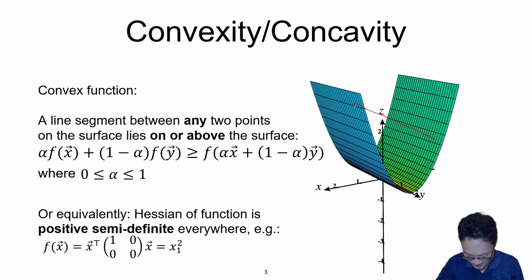The surface would be something like this, and we can see that the surface is actually below the line. The line is above the surface. So that's the picture here.